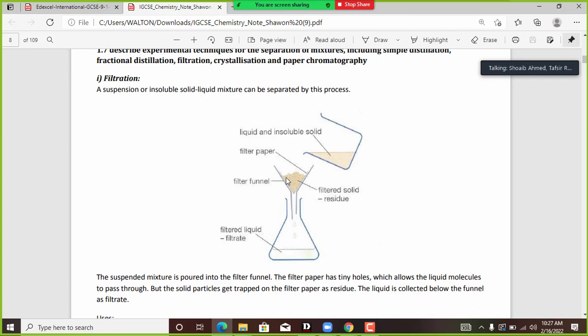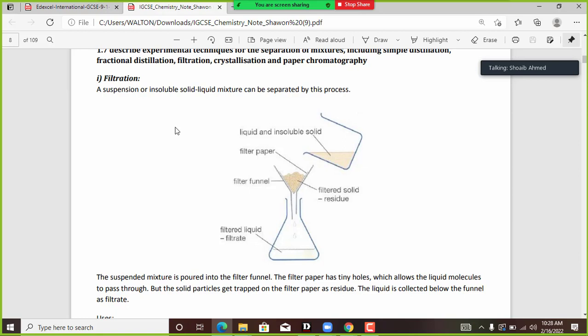This is a funnel. Have you seen a funnel? We can separate an insoluble solid and liquid mixture by the filtration process. Insoluble, we know: in water, sand is insoluble. If you take some sugar in water and stir, you find a clear solution; this is soluble.